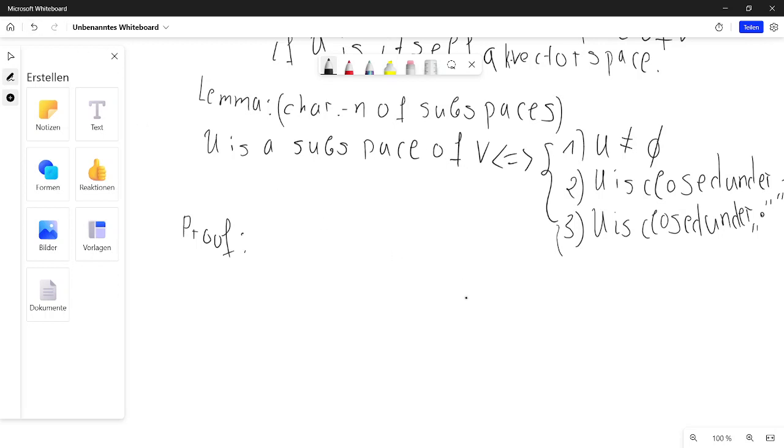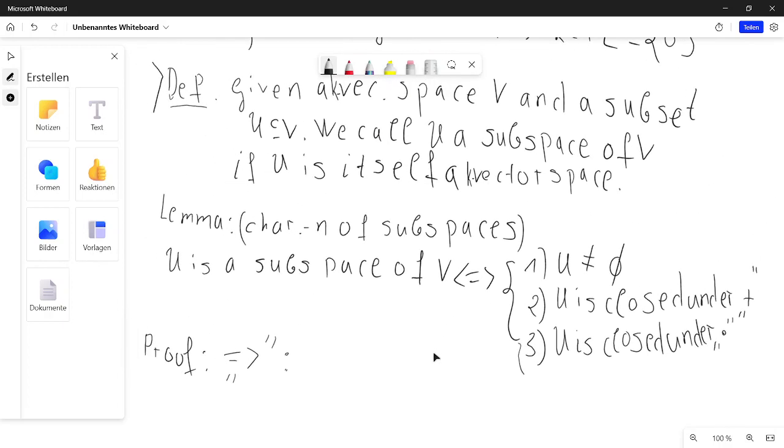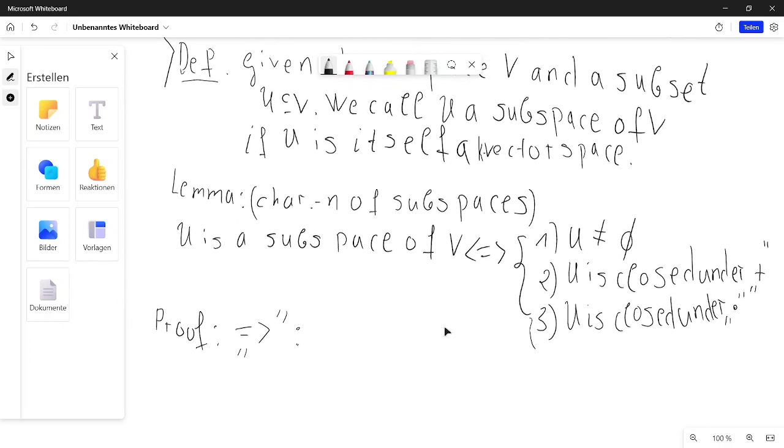Okay, let's first prove this direction. We assume that U is a subspace, and we have to prove the three properties.